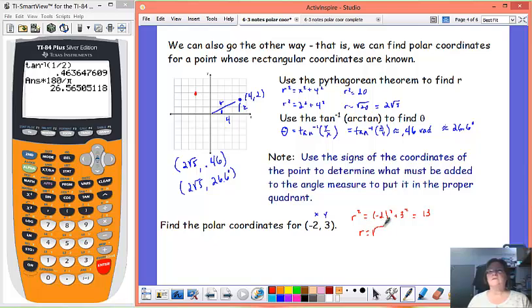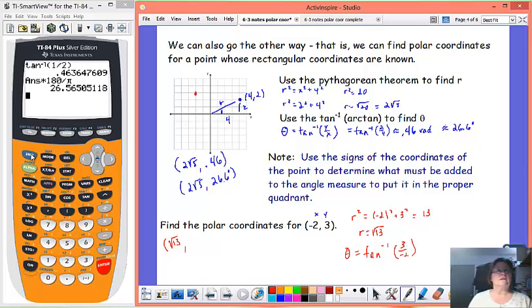R then is the square root of 13, and we have one part of the polar coordinates for this point. We have the radius part. It's root 13. To come up with the angle, we do the tangent inverse. So our angle is the tangent inverse of y over x, so 3 over -2.